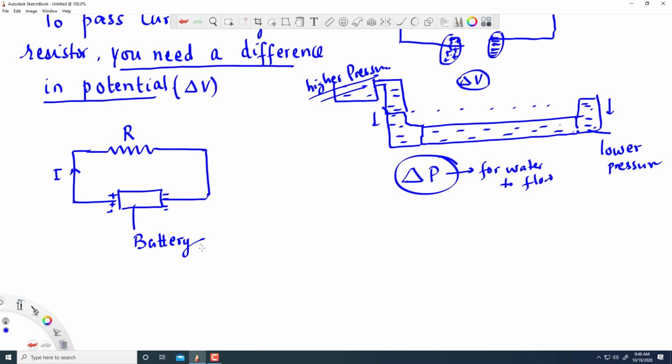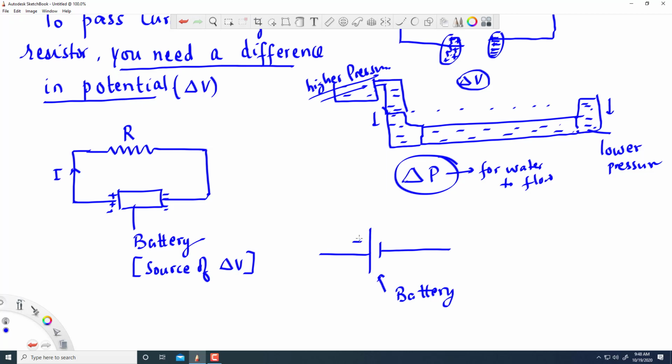Battery is the source of delta V, potential difference, and battery is denoted by this symbol, this long line and short line. Okay, so that's the symbol for battery. We'll be using this very frequently next time. So this longer one is positive and shorter one is negative, and we connect the battery to some other component like a resistor.